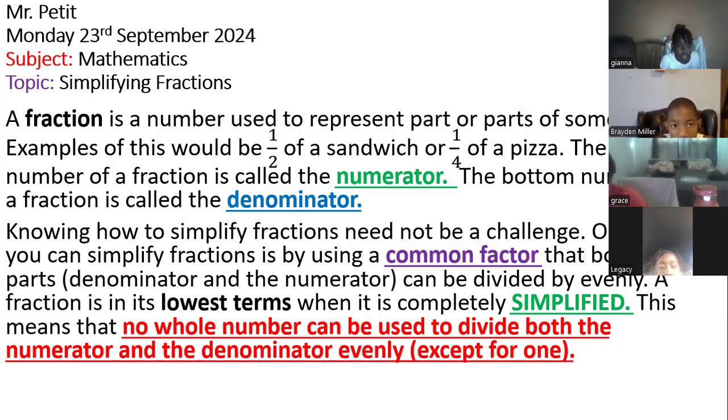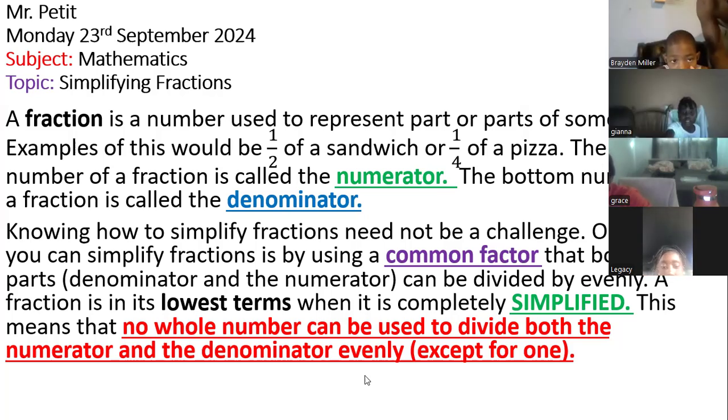A fraction is in its lowest terms when it is completely simplified. This means that no whole number can be used to divide both the numerator and the denominator evenly except for one. Very good. Okay, so let's move on and actually simplify some fractions.